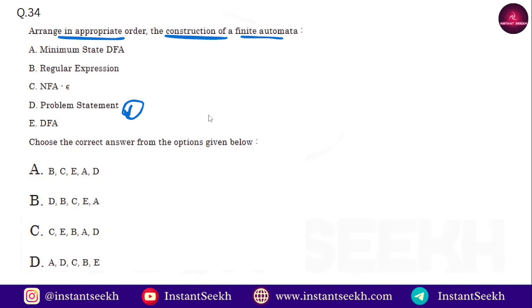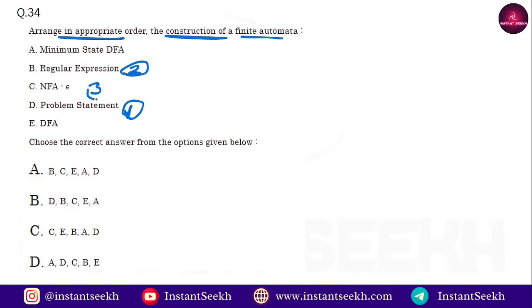Step number 2 is the regular expression. Once the problem is defined, the next step is to represent it using a regular expression, a concise way to describe the language of the problem. After defining the regular expression, it is converted into a non-deterministic finite automata with epsilon transitions.